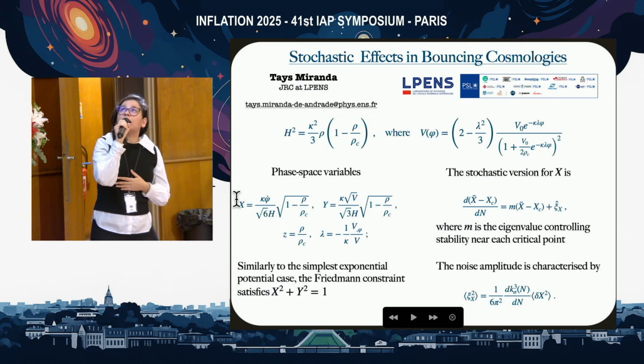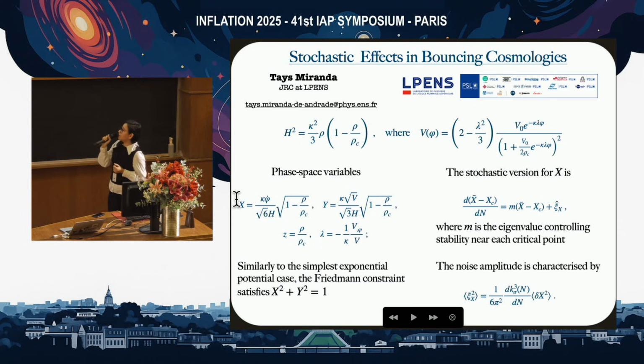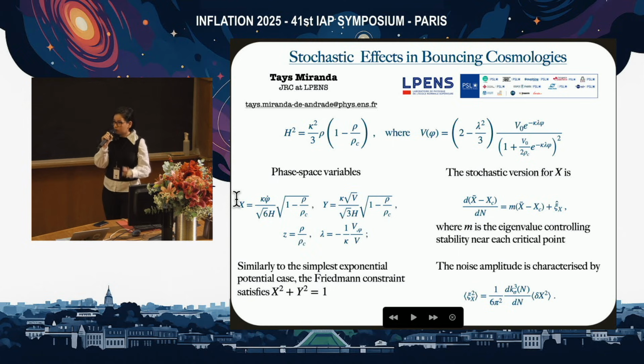As the main result so far, we know that the effective index of the Mukhanov-Sasaki equation will be relevant for the characterization of the quantum noise. So we are building a Langevin equation. If you want to know more about this, please come to visit my poster. Thank you.